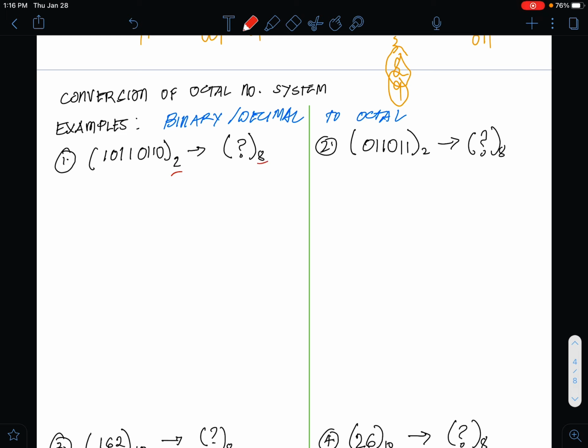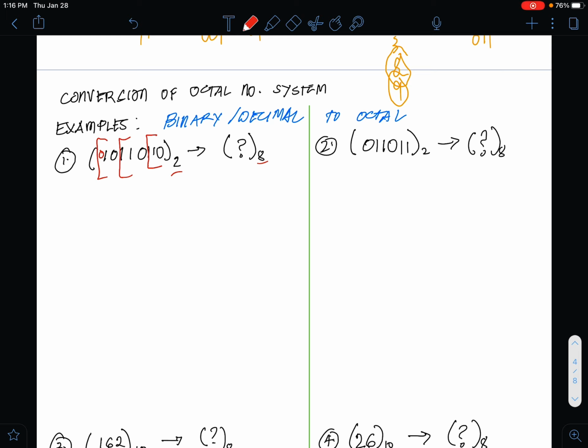Remember that octal is a 3-bit coding, so therefore we are going to divide this by 3. So you must always start to divide it here from the right side. So, one, two, three, and then this one as well. Then only two are left. No problem, you just put 0 here because that 0 will nullify, meaning it will be useless.